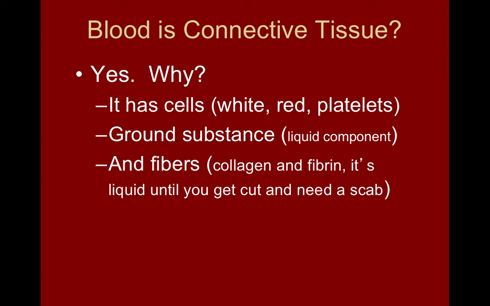The fibers are dissolved in the plasma until you have a cut and they become solid, and that's what the coagulation process is about. So because it has all those components and it originates from mesenchyme, it is connective tissue. So remembering back to that.